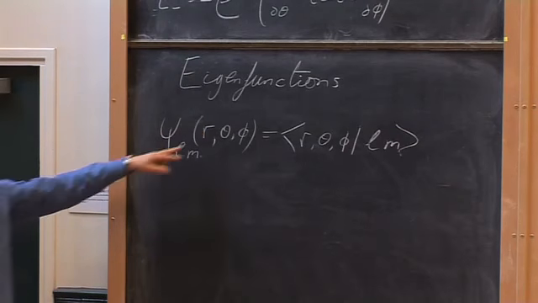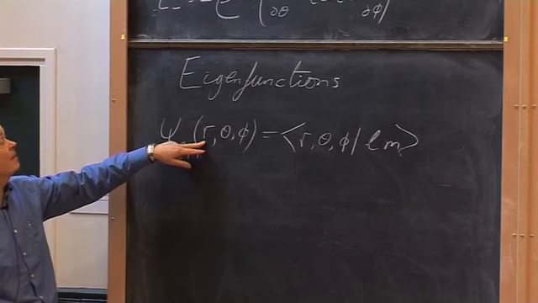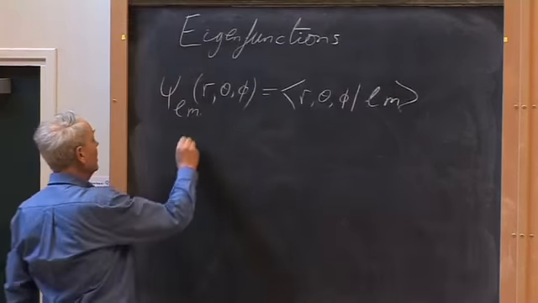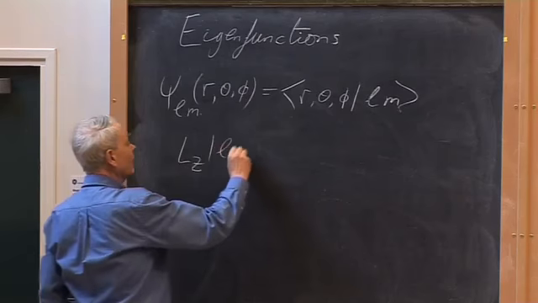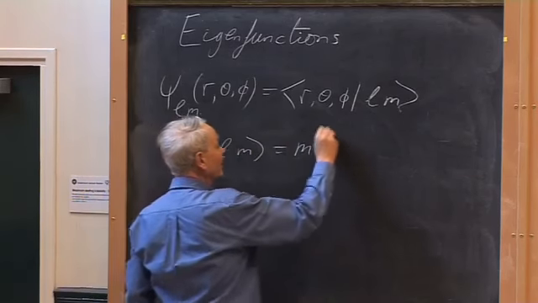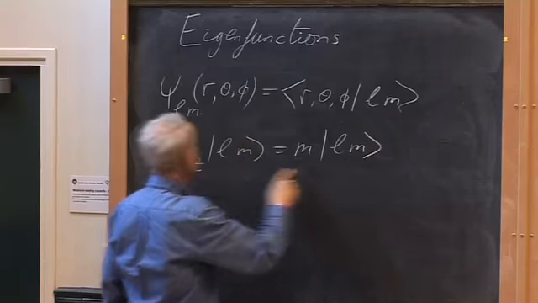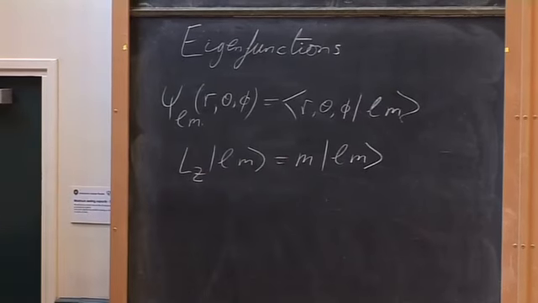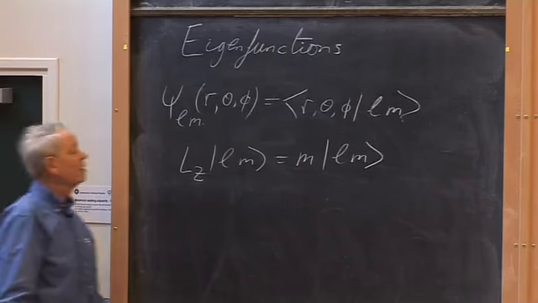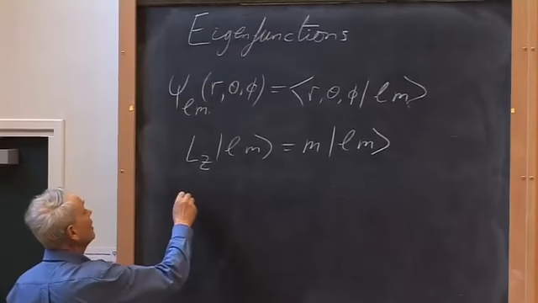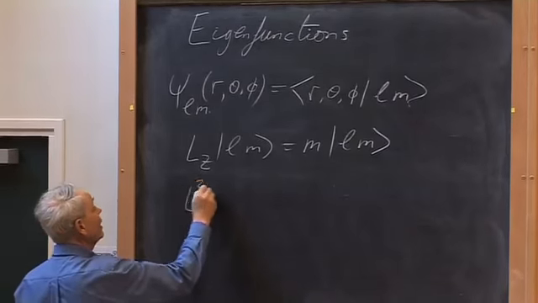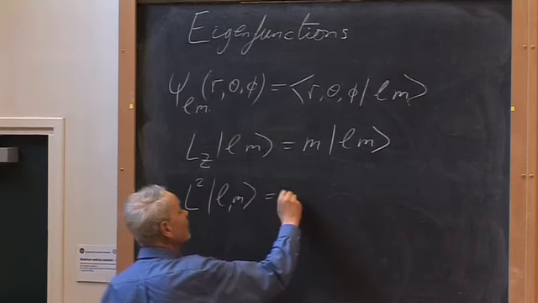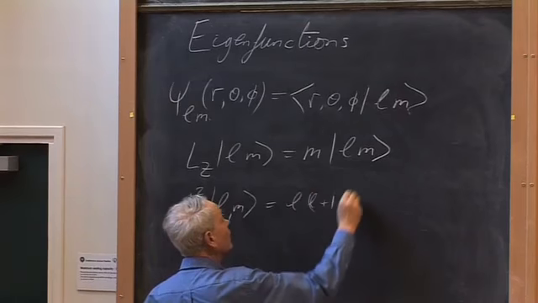Now, the radial dependence of this wave function is going to be completely unspecified, because all we're going to require is that Lz on psi Lm is equal to m psi Lm. This thing has got to be an eigenfunction of this operator with the eigenvalue m, which we now know to be an integer. And we are going to require, similarly, that L squared on psi Lm is equal to L(L plus 1) psi Lm.